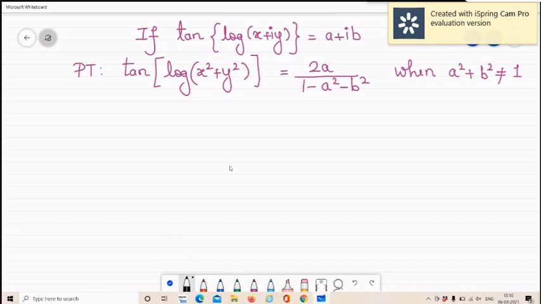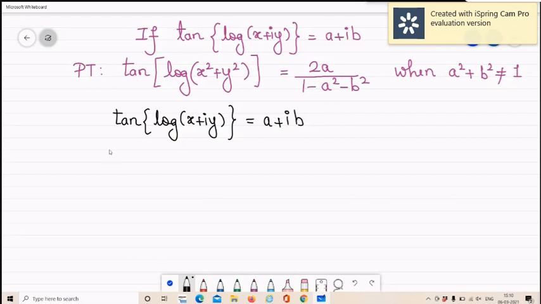Okay? So now what are we starting? It is already given to us that tan(log(x + iy)) = a + ib.